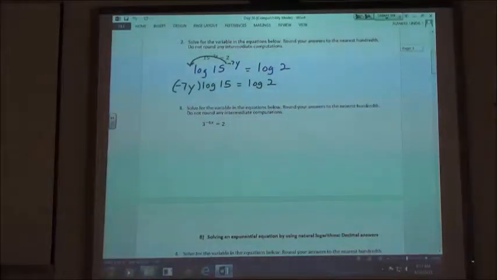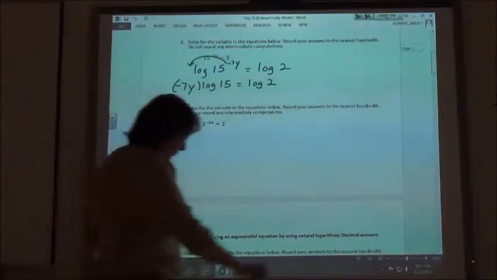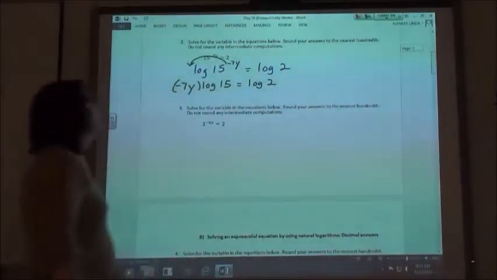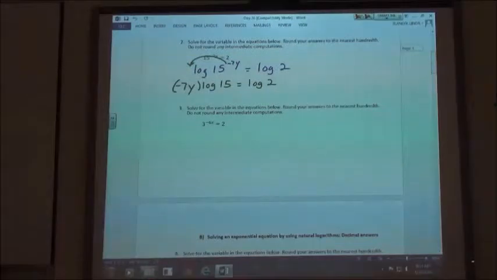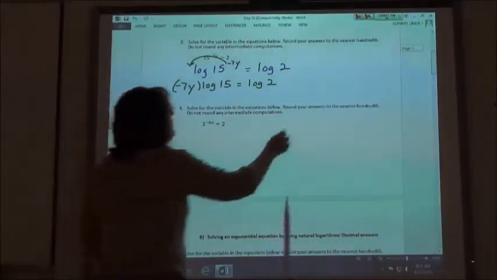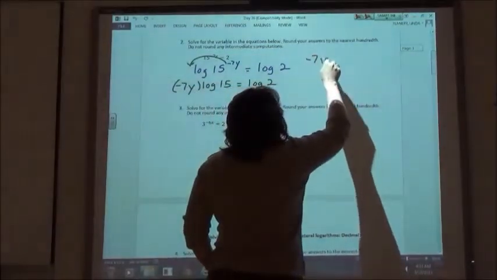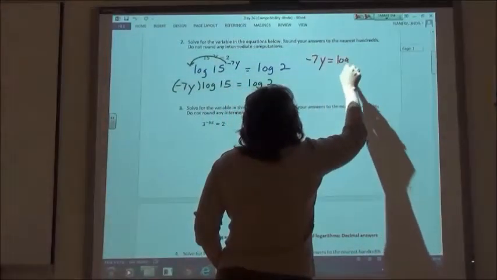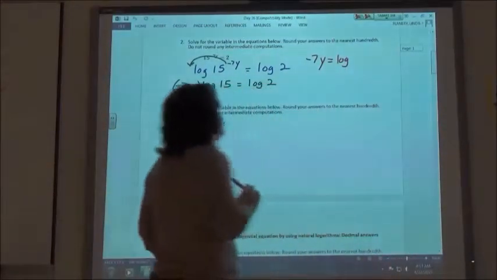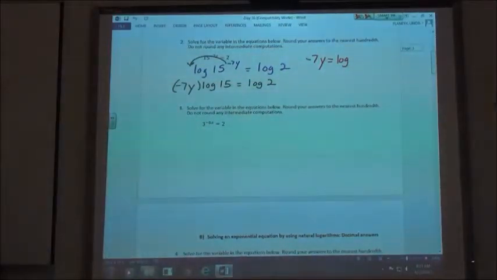Then what did we do? And then we did negative 7y equals log 15 divided by log of 3.